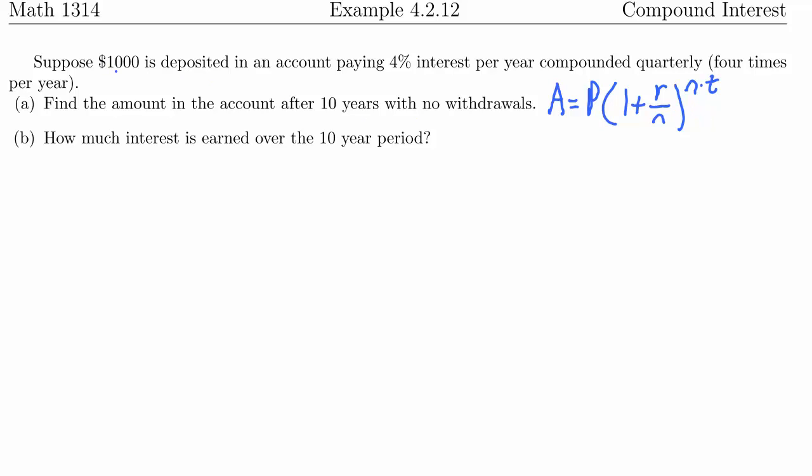Now, when you have a problem like this, we're going to start out with A. We want to find the amount in the account after 10 years with no withdrawals.